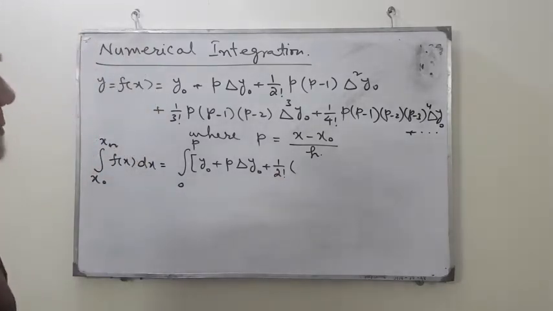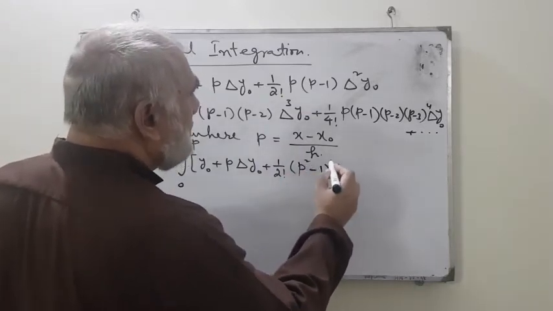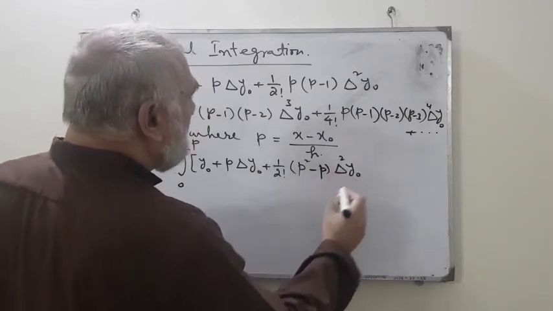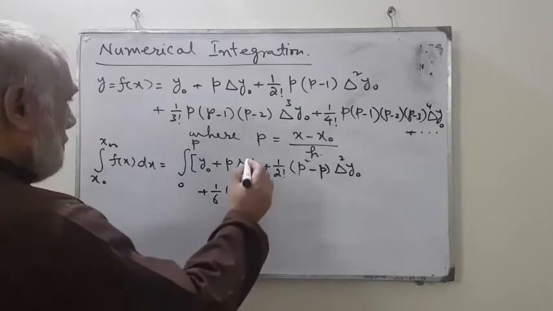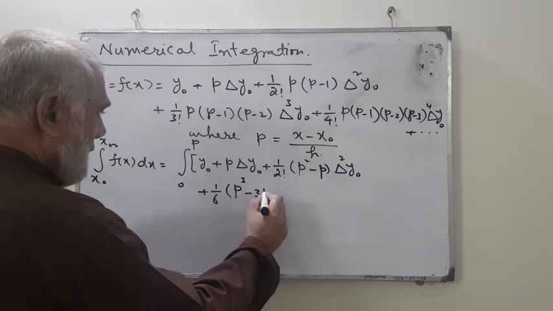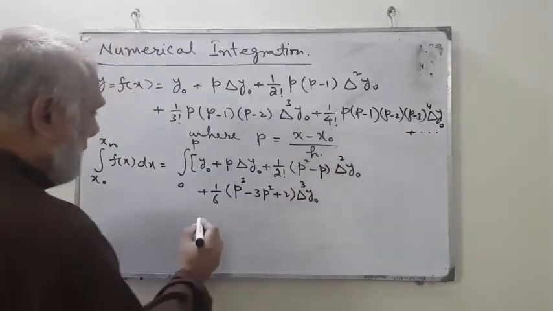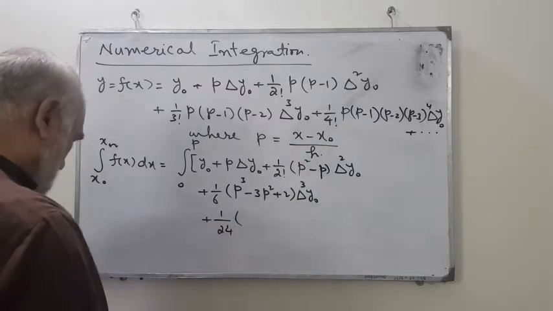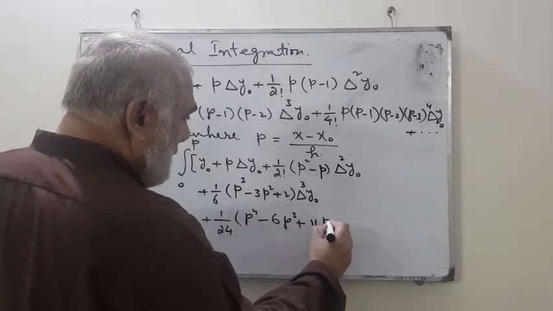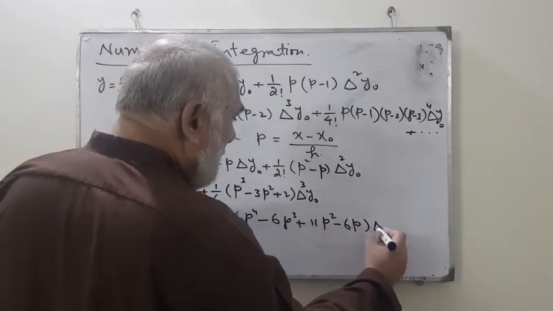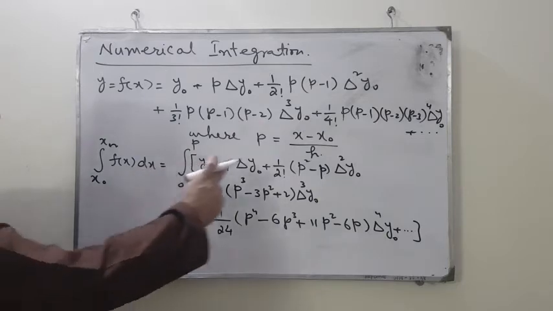If we expand this bracket on taking the product, this gives you p square minus p, delta 2 y0 plus 1 by 6, and on taking the product of these three, you get p cube minus 3p square plus 2p into delta 3 y0, and plus 1 by 24 into p4 minus 6p cube plus 11p square minus 6p into delta 4 y0, and many more terms can be there, and outside there will be dx, and dx can be obtained from here.